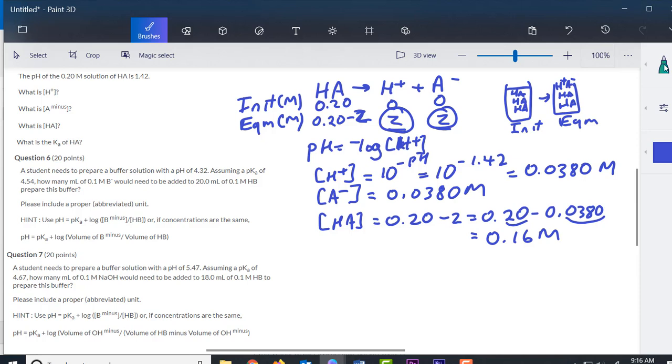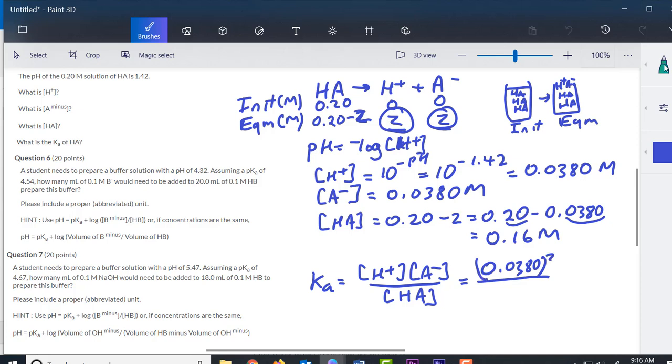The Ka is going to be the products over the reactants, H plus times A minus over HA. And that's going to be, in this case, 0.0380 squared over 0.16, and that comes out to be 0.00903.